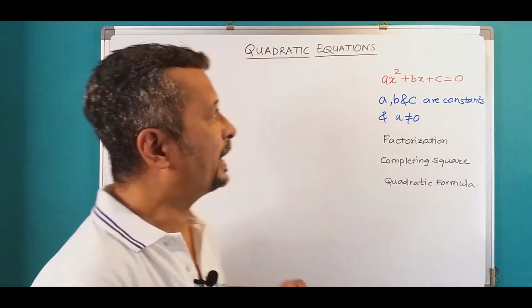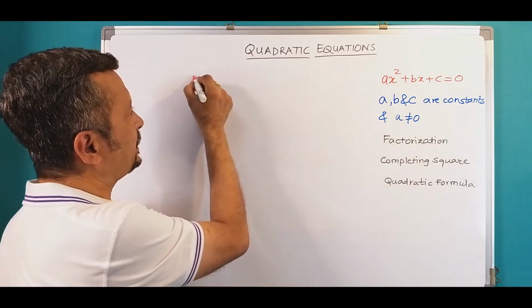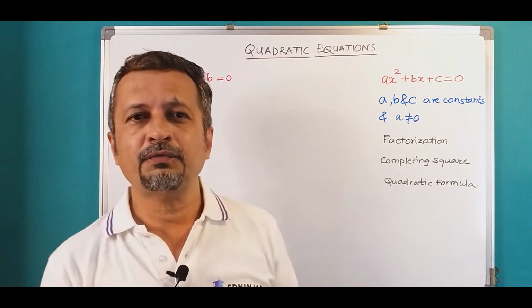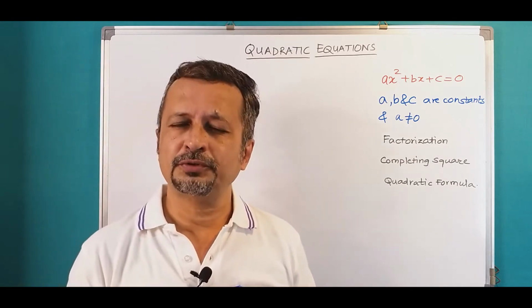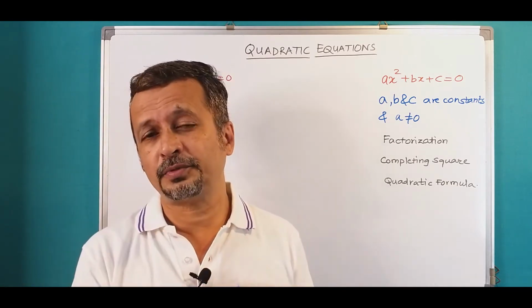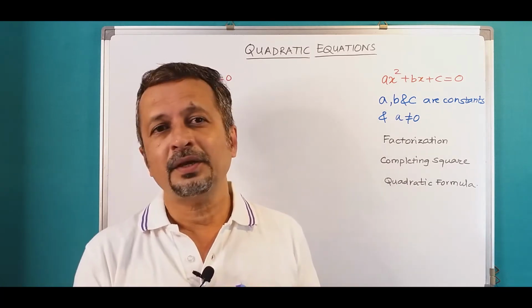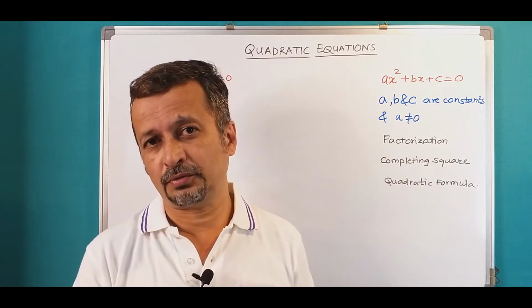Now when I have something like this, I write that a multiplied by b is equal to 0. When do I get this product of a and b equal to 0? Either a has to be 0, or b has to be 0, or a and b both have to be 0, isn't it?